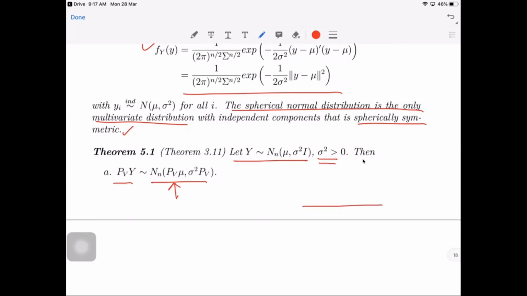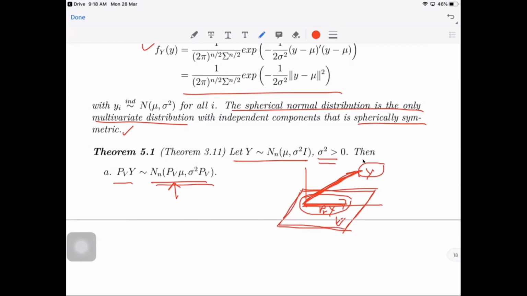If you recall, we talk about having a space and a vector y, and then a space V onto which we project this vector. This is the projection of y onto V. If y is normally distributed, then the projection of the vector onto the space V is also normally distributed. So we can always study y in n dimensions in terms of projections in your subspace V.